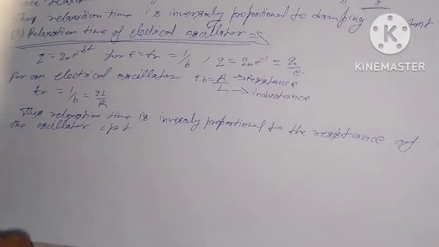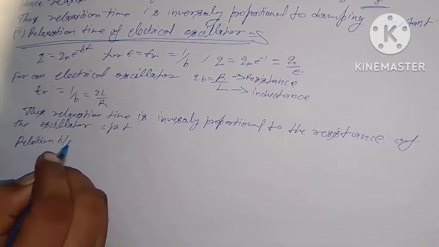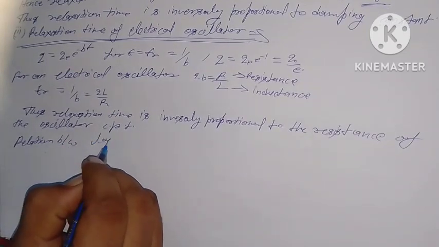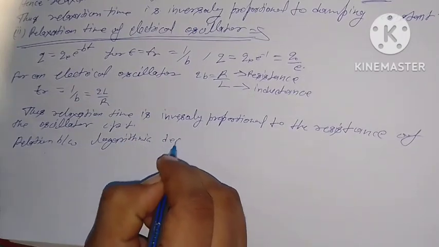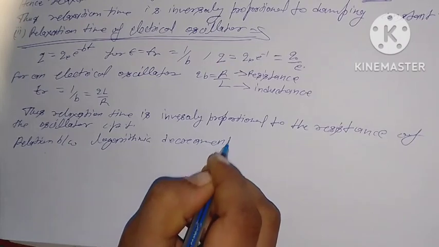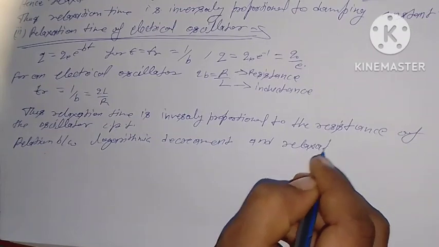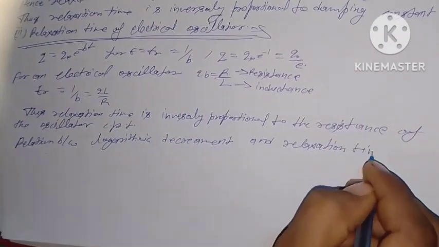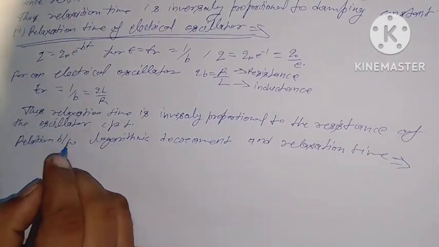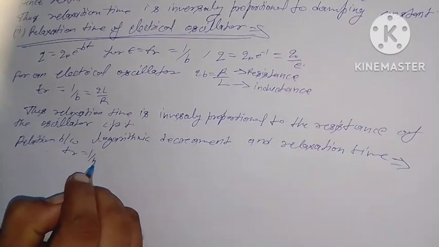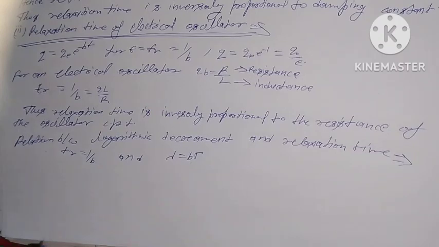The relaxation time TR equals 1 by b, and the logarithmic decrement lambda equals bT.